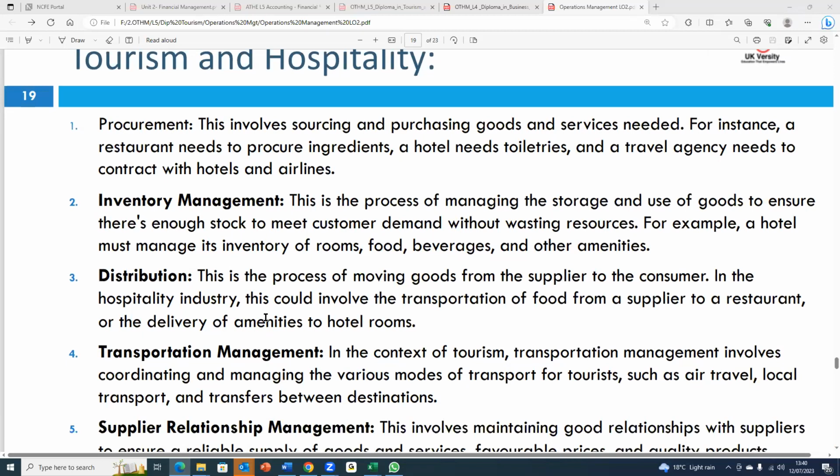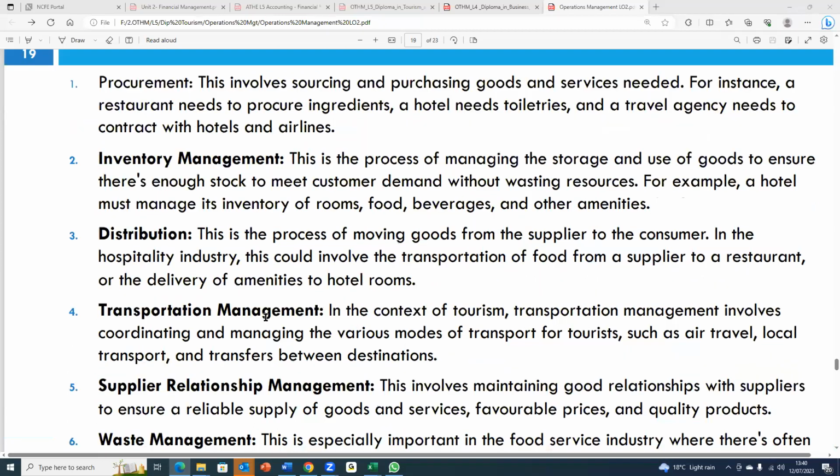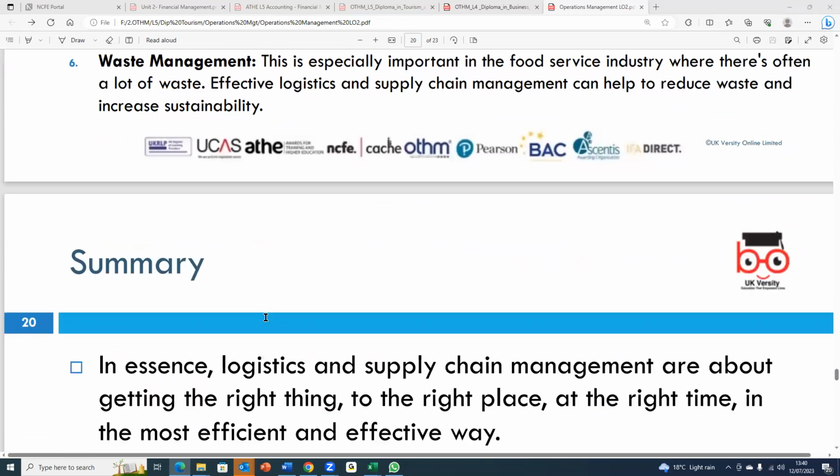You need all these amenities delivered at the right time, without being overstocked, without holding too much stock, and with suppliers supplying at the minimum cost, which will affect your profitability as well.